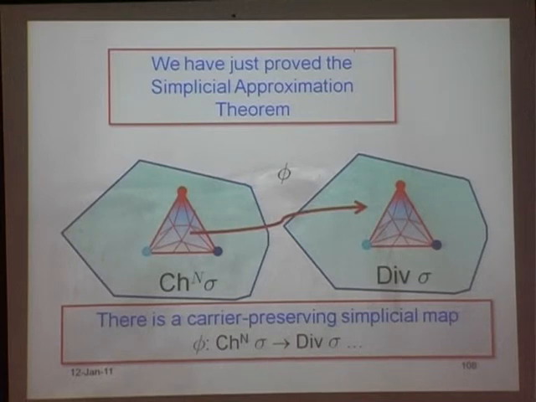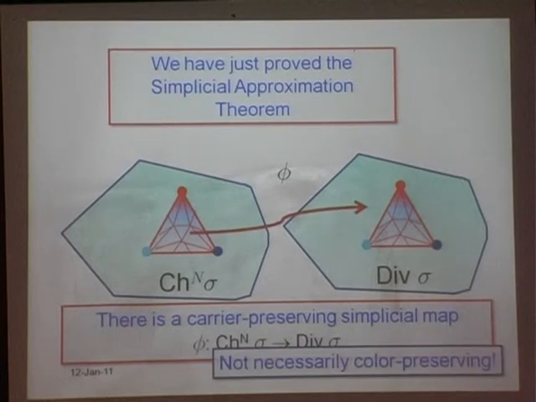And I'm being very vague about what large enough means. But it's not necessarily color preserving. That's what makes this thing interesting. The proof of the simplicial approximation theorem you can pull out of any undergraduate textbook, but we redid it here because I'm going to take the same proof and give it a few twists.